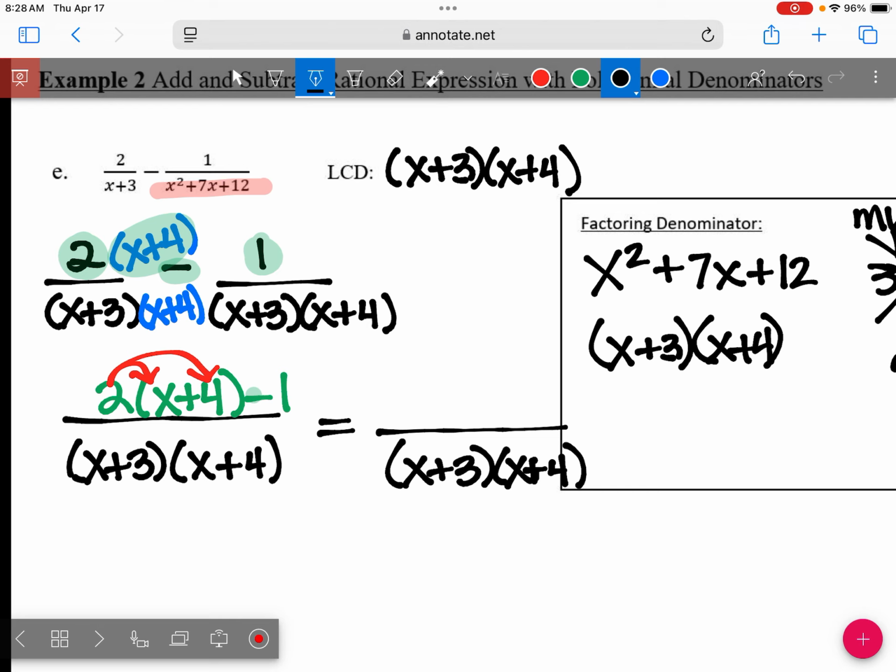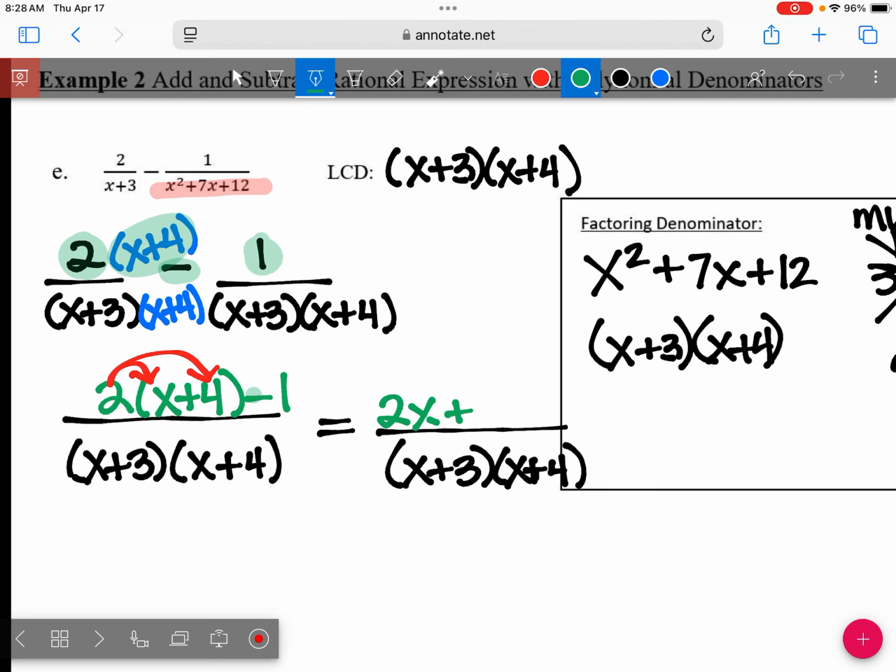So you're taking 2 times x and 2 times 4. So 2 times x would be 2x.